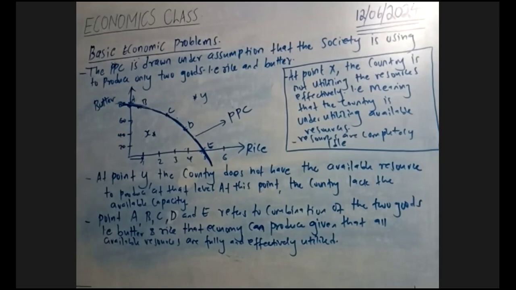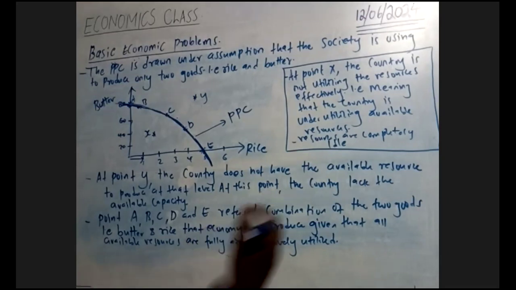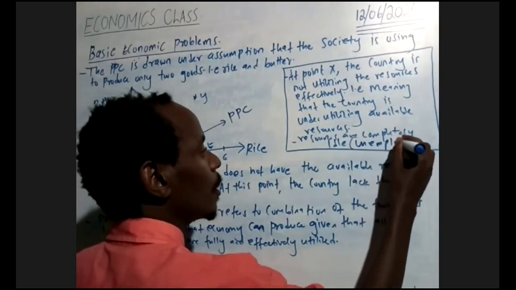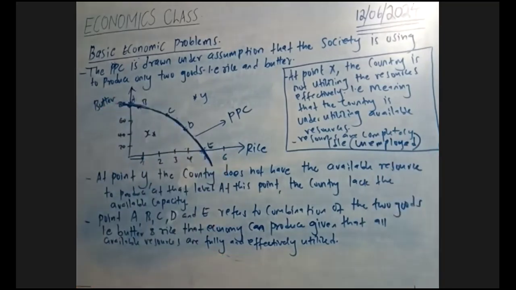So it is either you say at point X, the resources are not well utilized, or you can say the resources are completely idle, meaning they have been left, not being used. You can also say unemployed. The resources are unemployed. So you have the resources, but you are not using them.